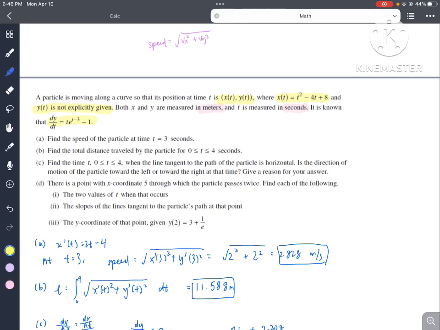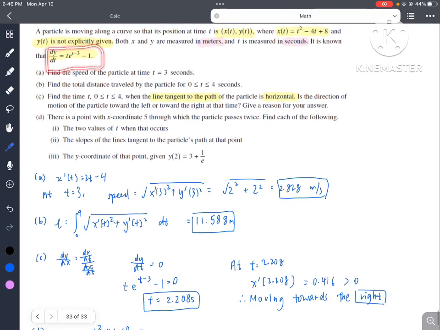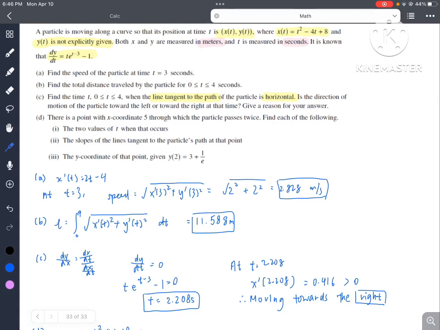So during this time period, there is a time when the line tangent to the path is horizontal. What does this mean? It means that the slope is 0. So dy over dx is 0, so dy over dt is 0. So we can just set this expression equal to 0 and plug it into a graphing calculator. We find out this is the time.